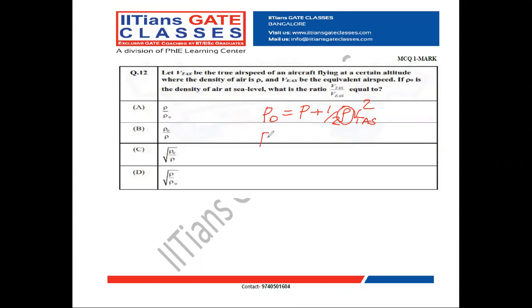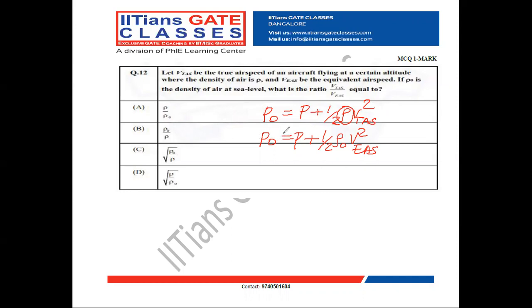In the same way, if we calculate stagnation pressure at sea level, it is P plus half rho naught V square. If density is taken as sea level density, then the corresponding speed is the equivalent airspeed. Stagnation pressure equals static pressure plus dynamic pressure.